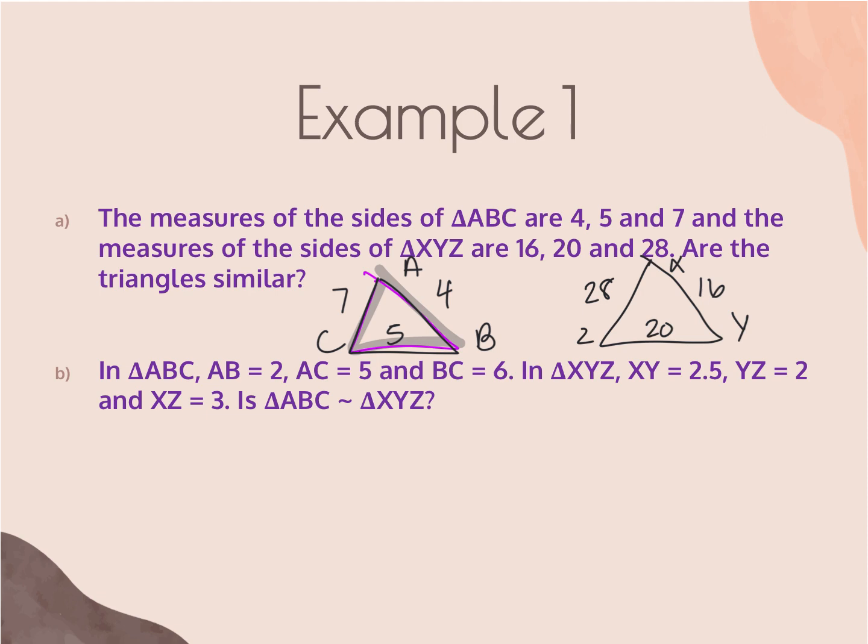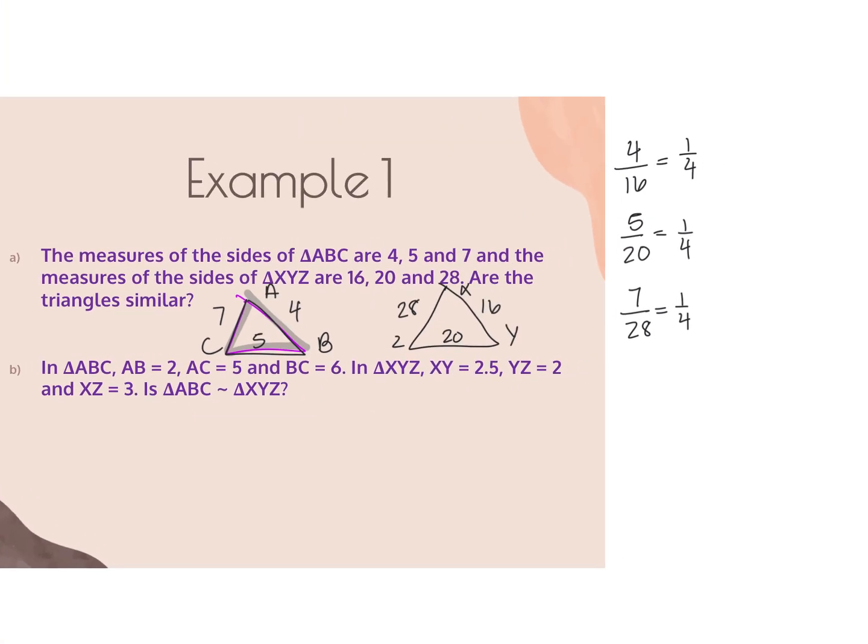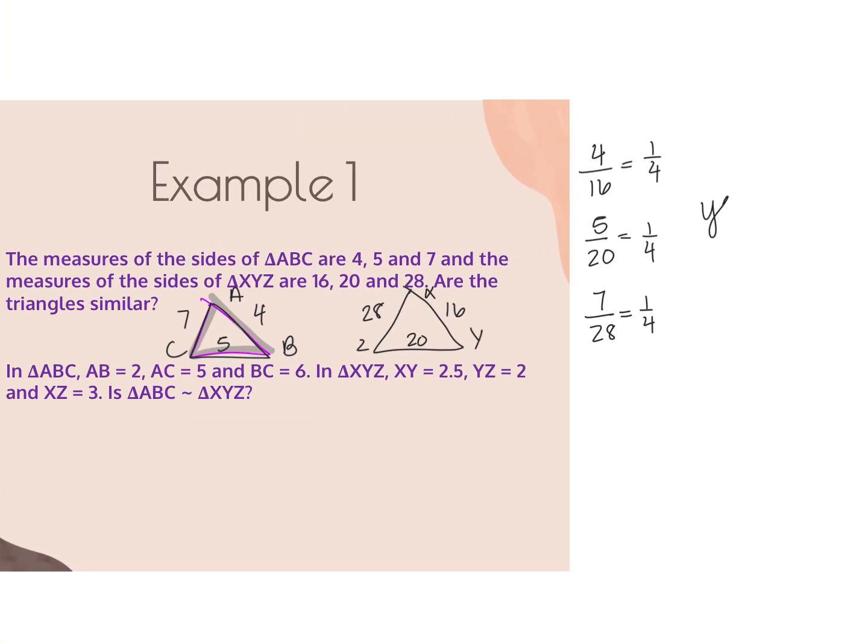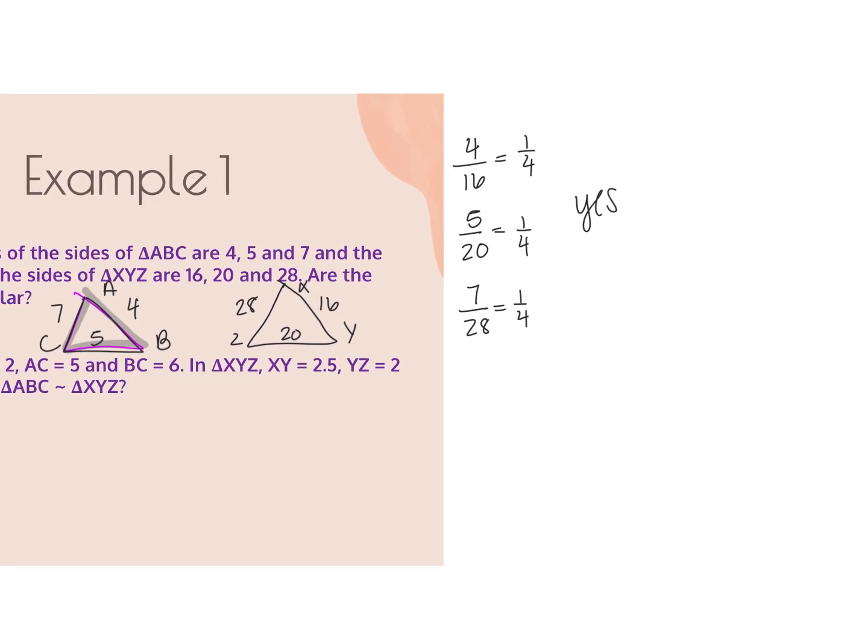So are these triangles similar? Yes. Good. Even if you did right over left, your scale factor would still be 4, so all my sides would still be the same. For this one I did left over right, but we can do right over left. So it's yes, they are similar.